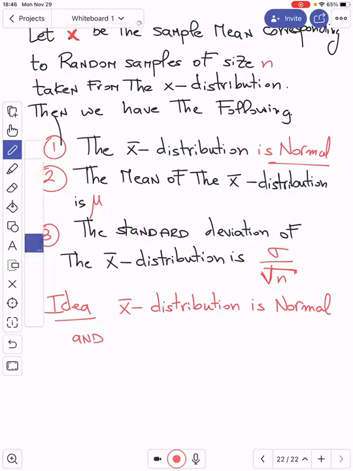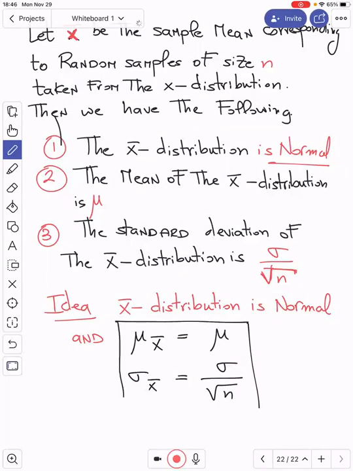The mean of the distribution of x bar is the same as the mean of your variable x, but the standard deviation of x bar is the standard deviation of x over the square root of n. Let me give you a concrete example, so you see the difference between the x and the x bar. So here's an example.